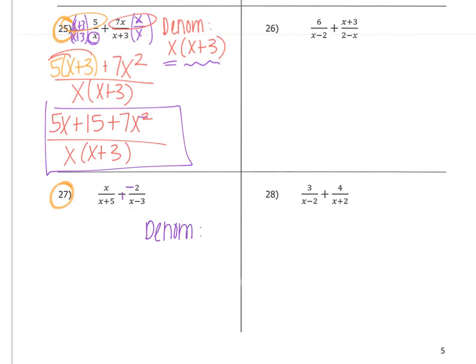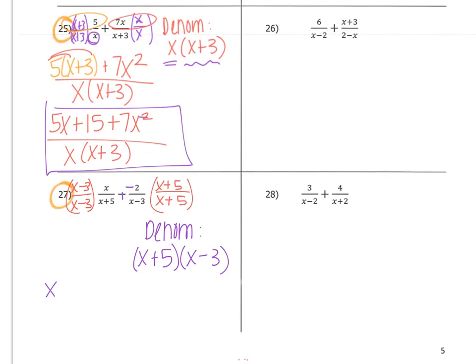Just because there's an x plus 5 and an x minus 3 does not make a difference. Take your two denominators and put them next to each other with multiplication. Multiply each fraction top and bottom by what it's missing. So the left fraction was missing the x minus 3, and the right fraction was missing the x plus 5.